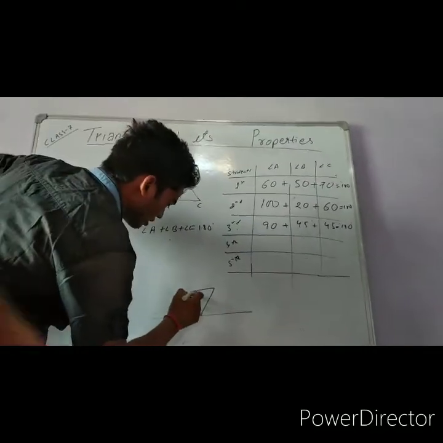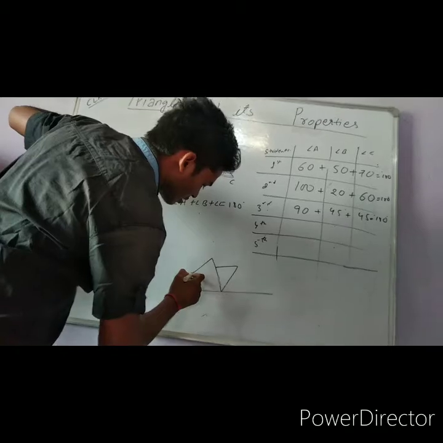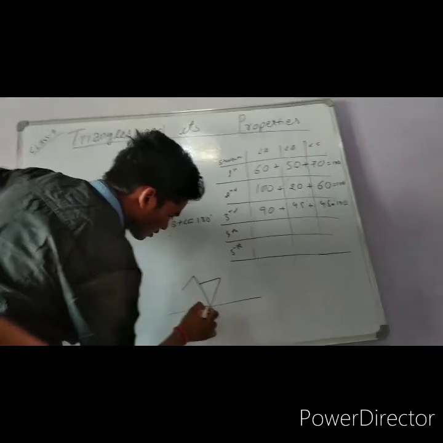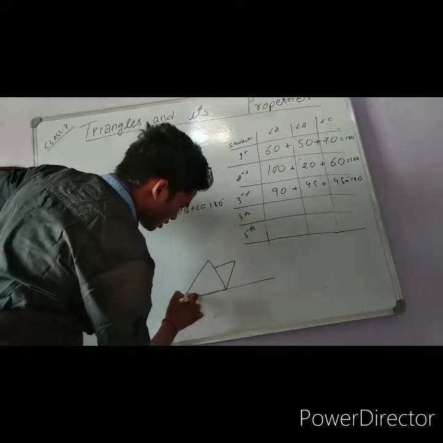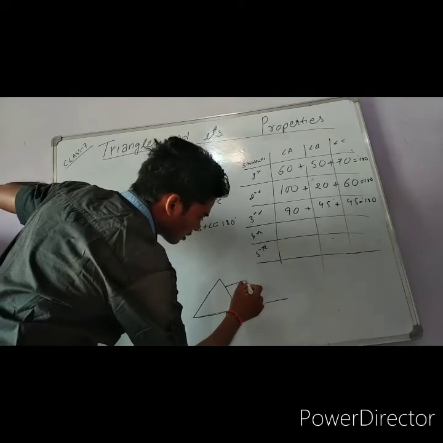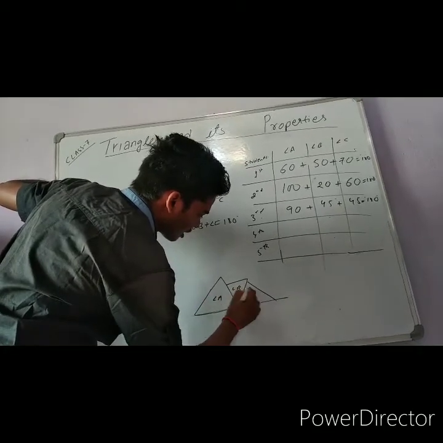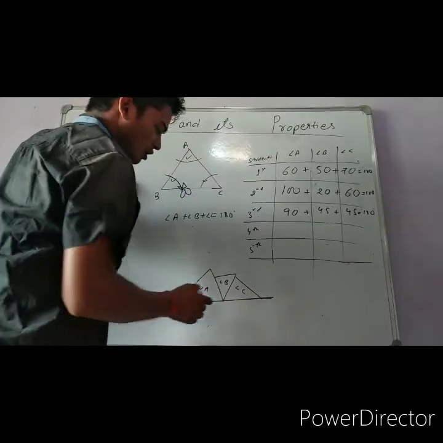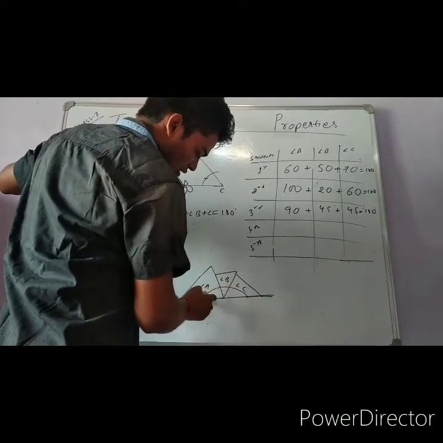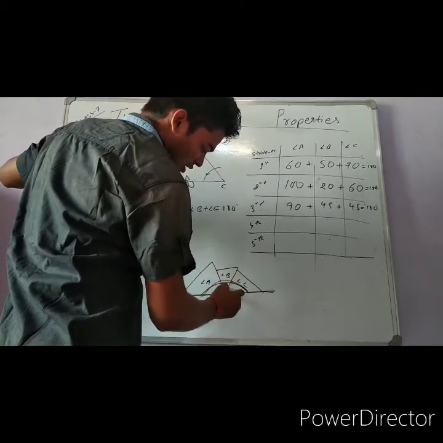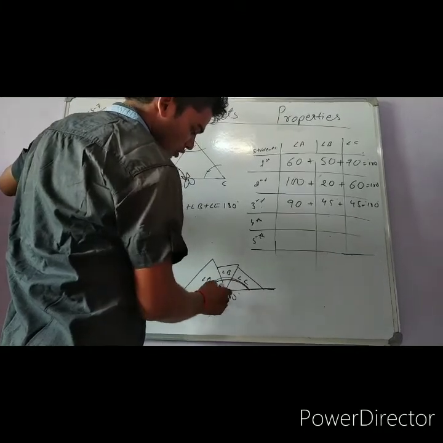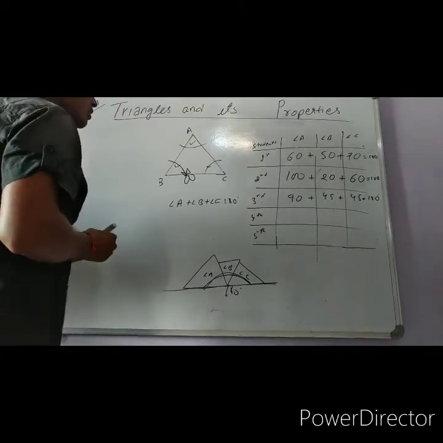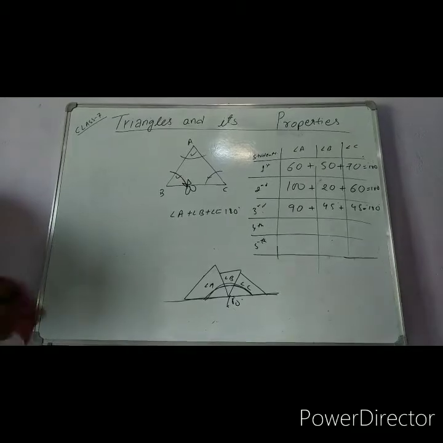Now this is angle B, and this is angle C, means angle A, angle B and angle C. So this exactly coincides on the straight line, and the angle of a straight line is 180 degree. So from here we also got the sum of all angles of a triangle is 180 degree. Now one or two questions I will solve as an example.